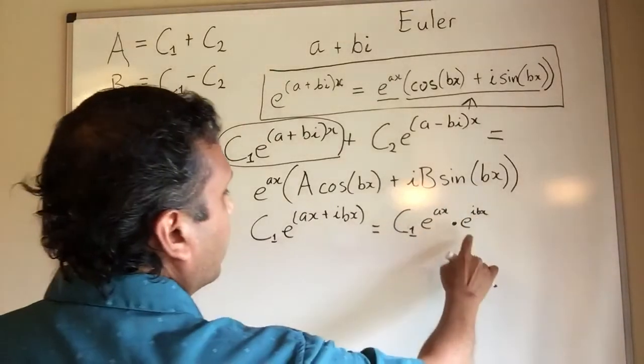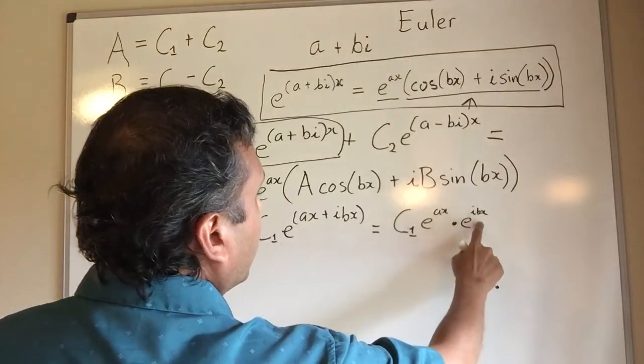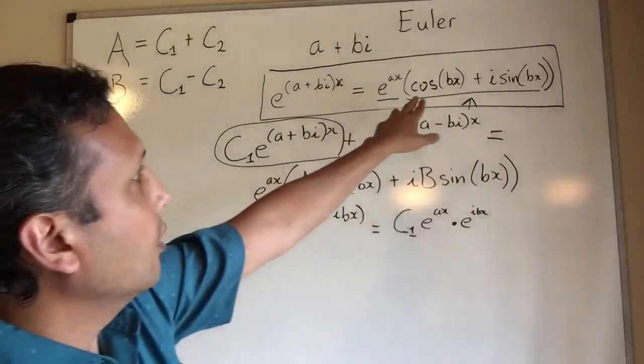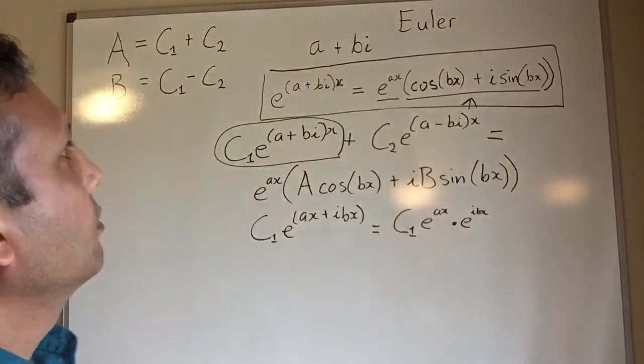Then I'm going to convert this e to the ibx into trigonometric values.